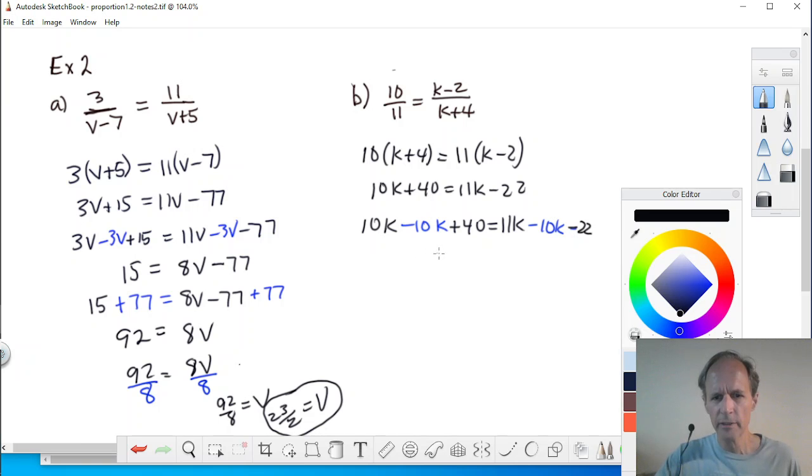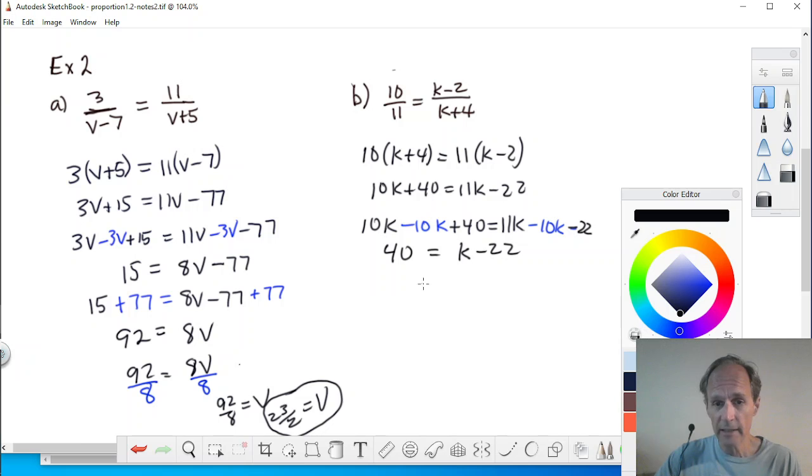So on the left we have just 40. On the right we have 11k. Oh, sorry, we don't. 11k minus 10k is k minus 22. So we're almost there.